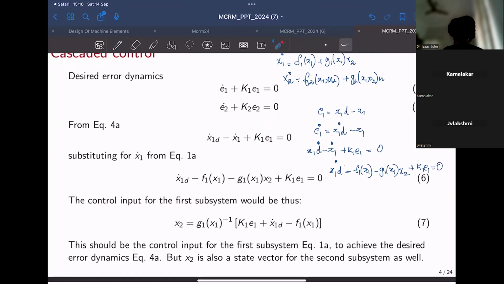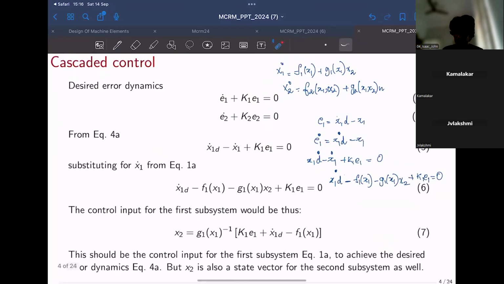So in that case, what will be x2? Because apparently this x2 should be a control input sort of a thing. This is what we can control so that the first subsystem will be forced to behave as per this first order dynamics.